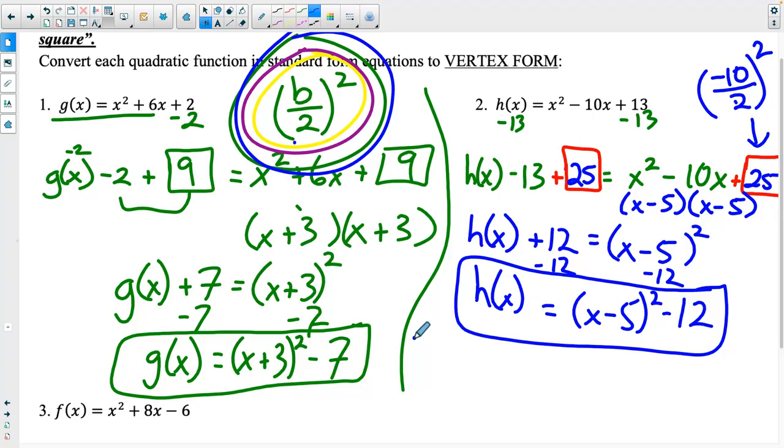No, because we factor that, right? Because this right here factors to x minus 5 times x minus 5, because negative 5 times negative 5 is 25, and negative 5 plus negative 5 is the negative 10. Does that make sense? All right.